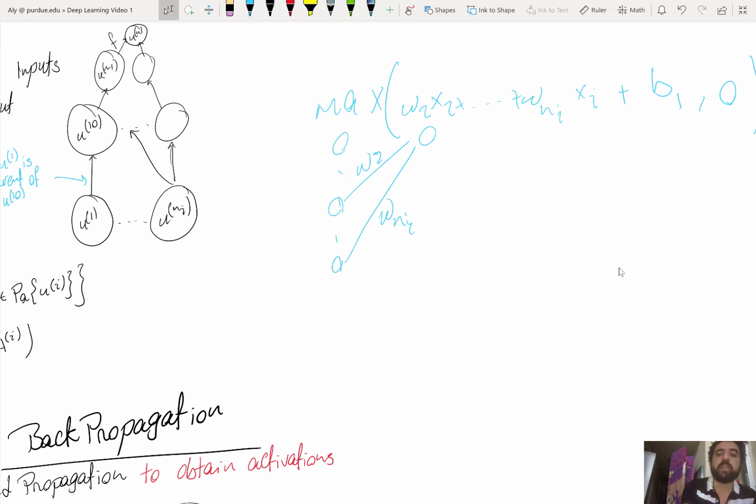So the weight multiplication constructs one vertex in the computational graph. The bias is another vertex afterwards. The max with 0 is a third vertex in the computational graph, right? And they are in different layers. So I have x1, x2, up to xni, right? This is xni in the computational graph.